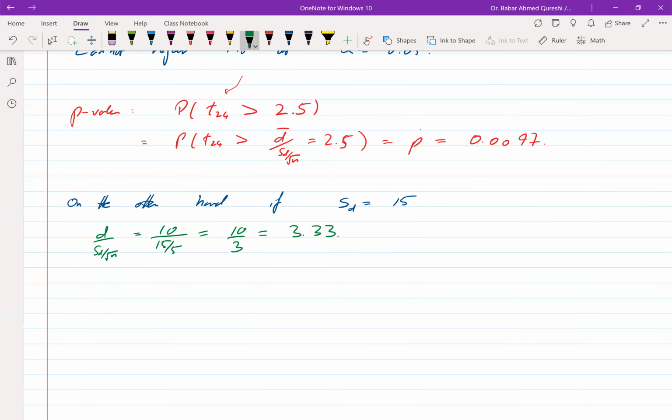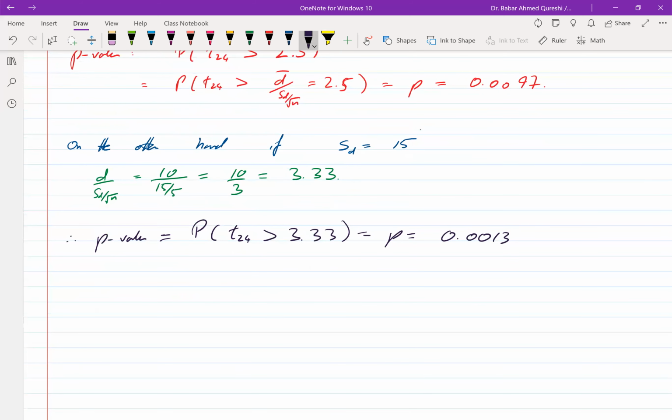So then the p-value is the probability of being bigger than this number. And this number turns out to be 0.0013. And you can compare with this. So the p-value has reduced significantly.